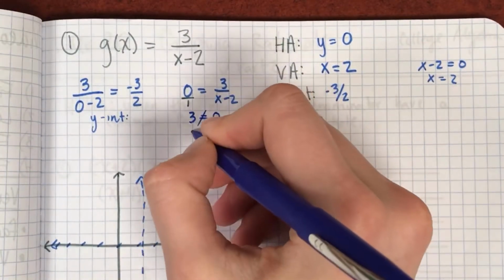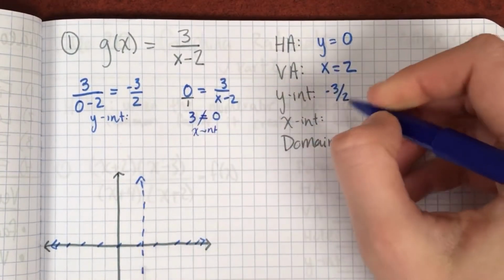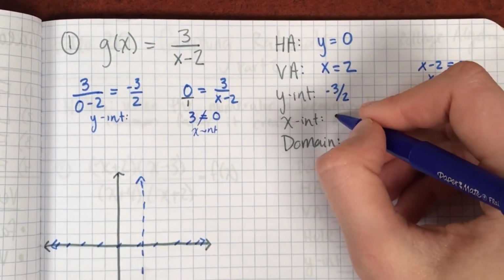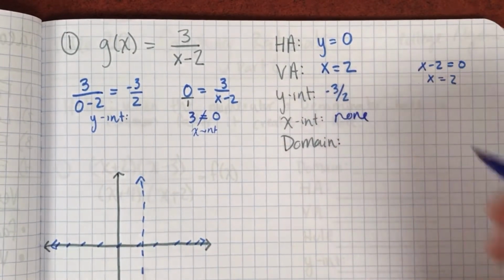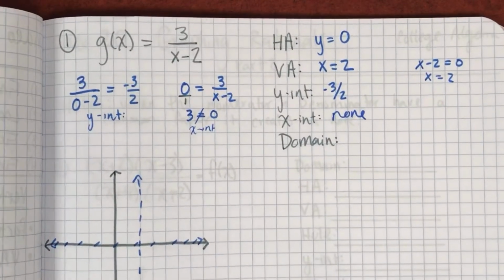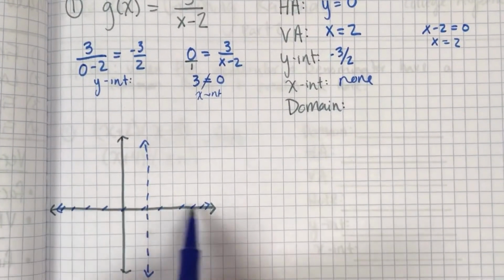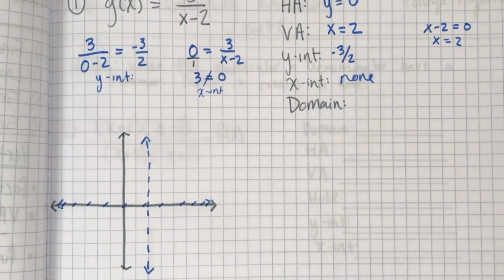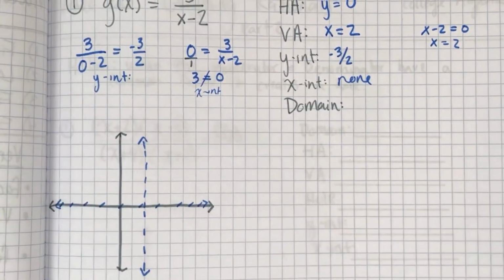Well, that's not true. So for our x-intercepts, we have none. And if you think about it, that makes sense because we've got an asymptote at 0. We can't have anything on that.